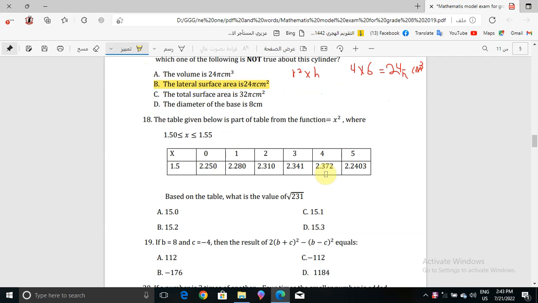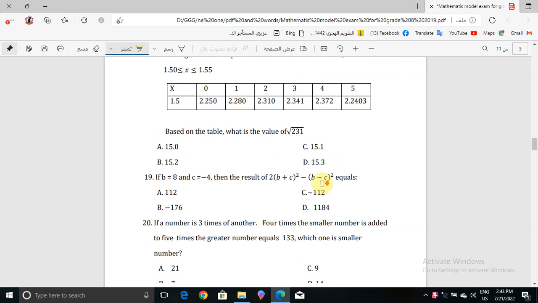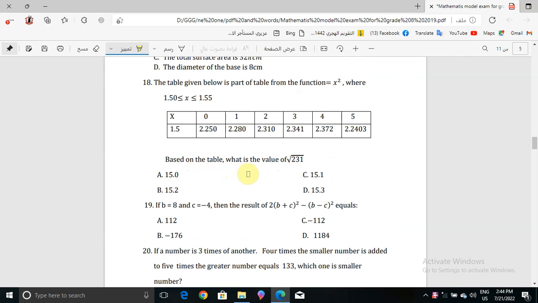Okay, now question number 18, what we have: the table given below is part of a table from the function of x squared, where 1.50 is less than or equal to x and x is less than or equal to 1.55. Here we have a table. Then based on the table, what is the value of radical 231? 231.